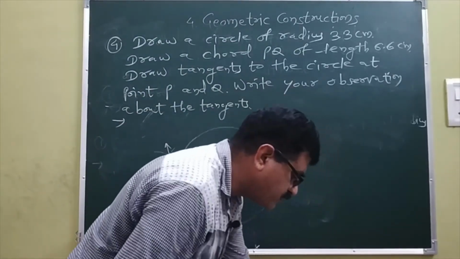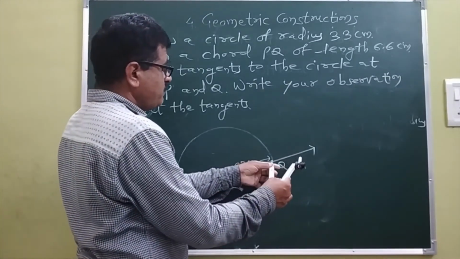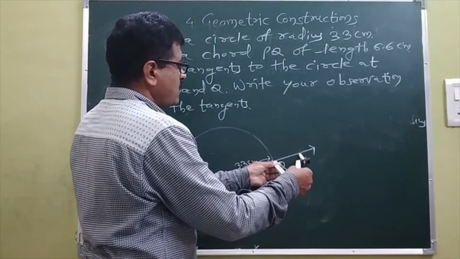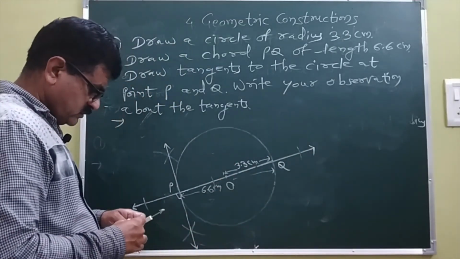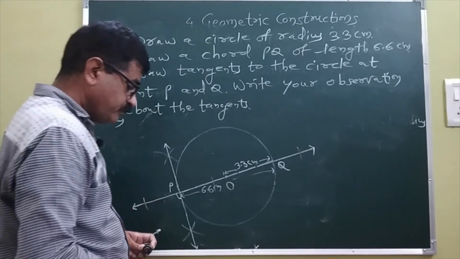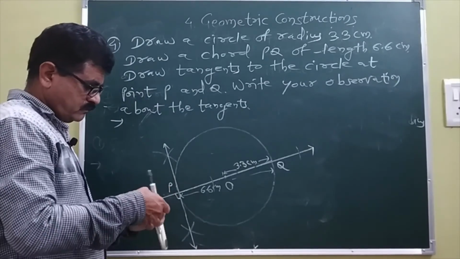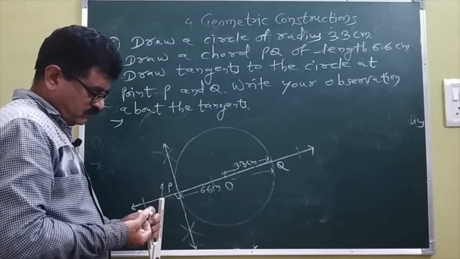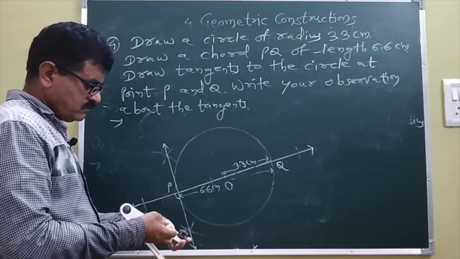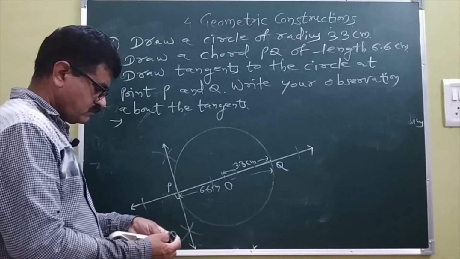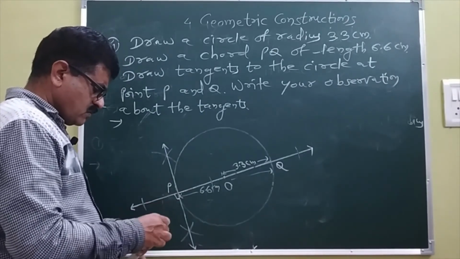Similarly, we have to construct a tangent at point Q. Keep one point of the compass at point Q and draw arcs on both sides.